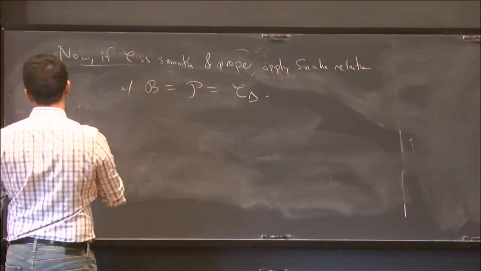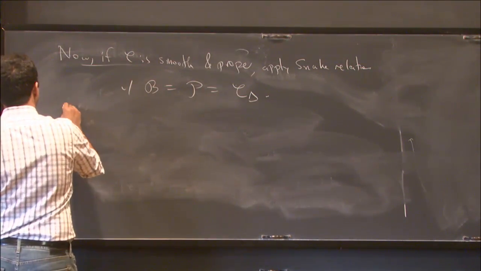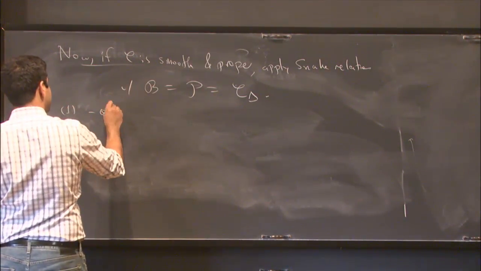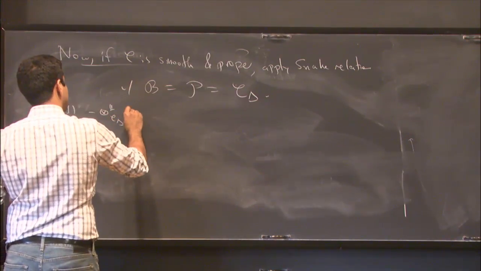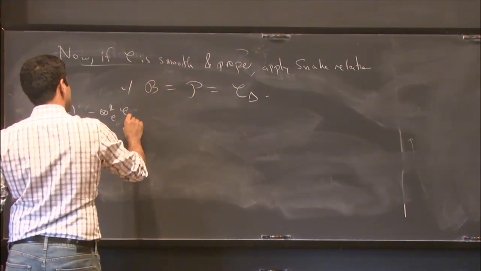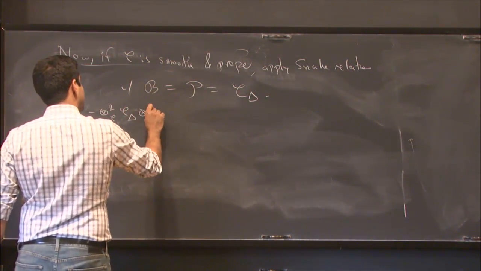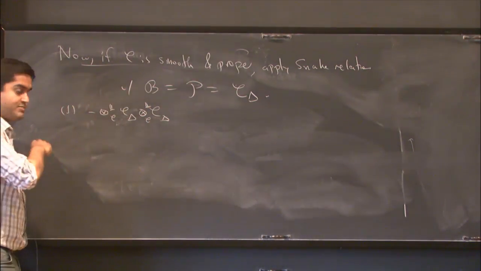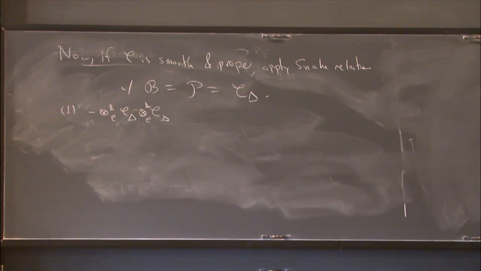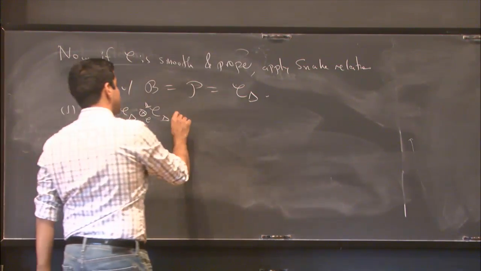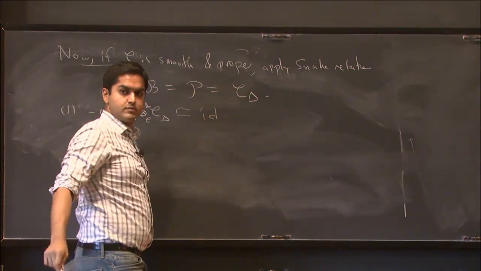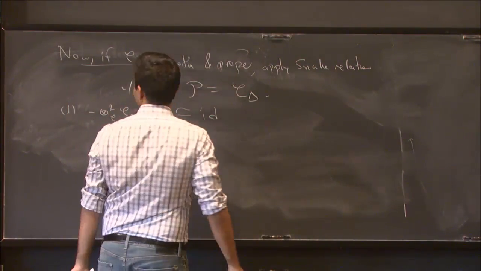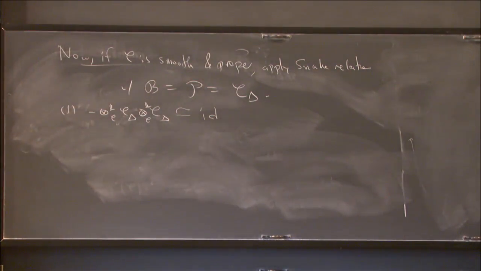So now on one hand, the composition, okay, this composition map that's at the very bottom is the identity map. Okay, right, and at the top I have this sort of Chern character followed by pairing.